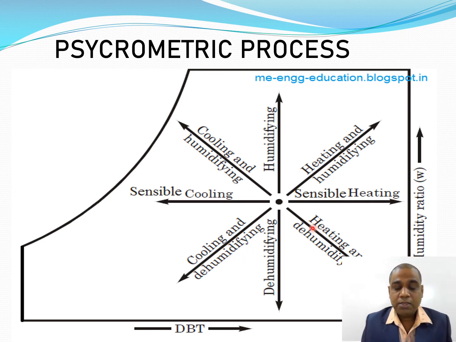And the last process is in the southeast direction, that is heating and dehumidifying. The dry bulb temperature increases and humidity decreases, heating and dehumidifying.